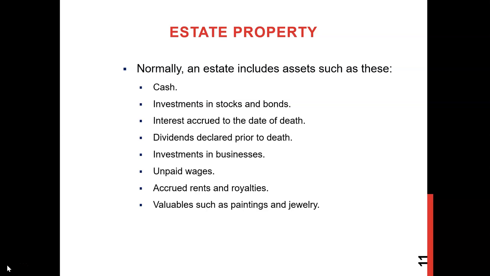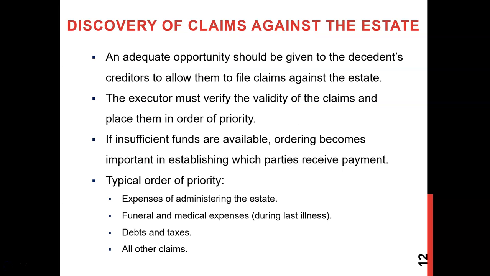And then the distribution process will start, although those types of building, automobile, or land, or in some cases some other personal property, may directly go to the beneficiaries, but those should be recorded and reported by an executor.